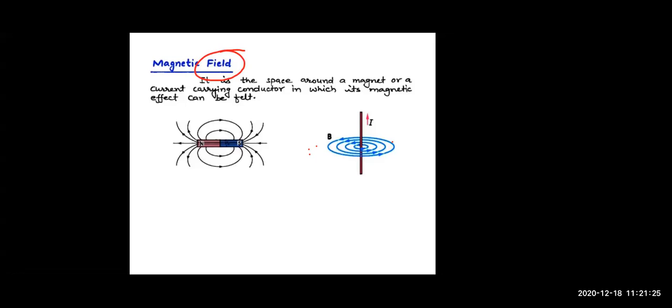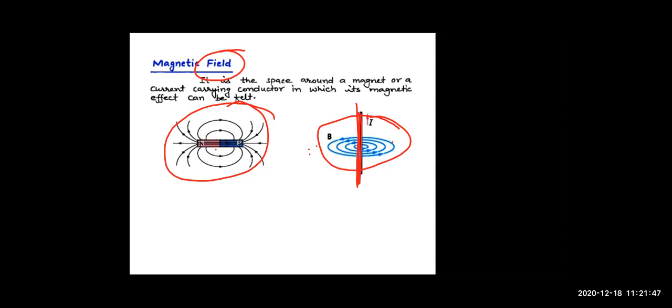So what is that field? A field is a space, an area, right? It is a region around a magnet or around a wire which is carrying current. In that region, the magnetic force of attraction or repulsion is felt if you bring another magnet into this field. If the magnet is outside, no magnetic force will be felt by this magnet.